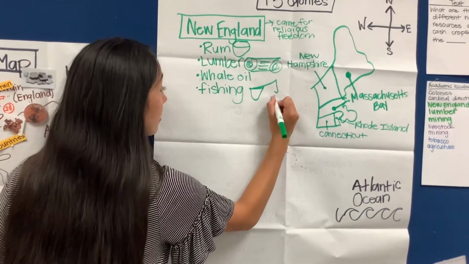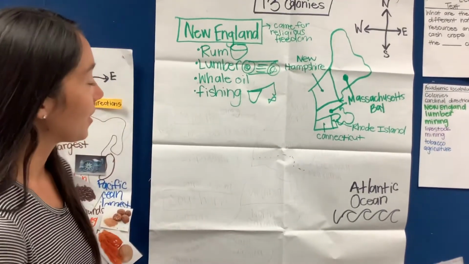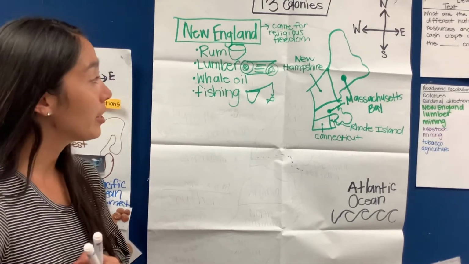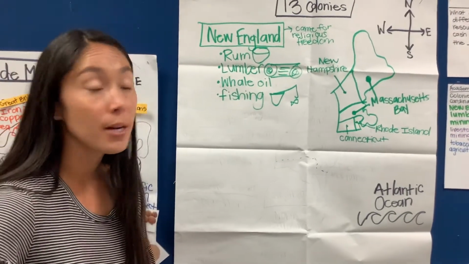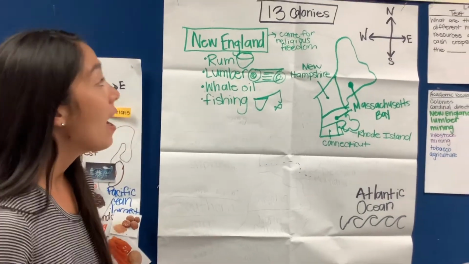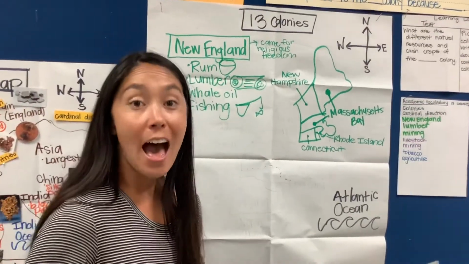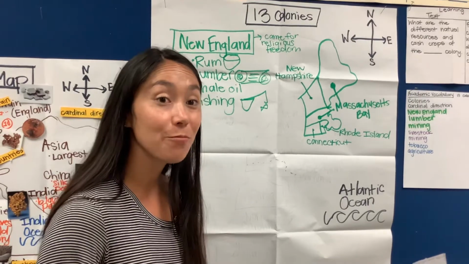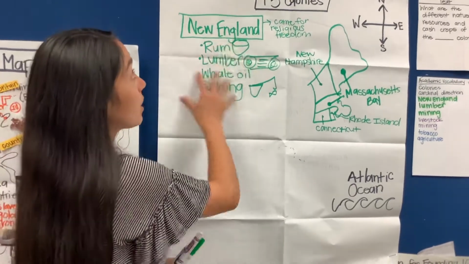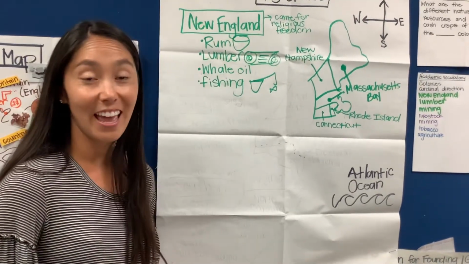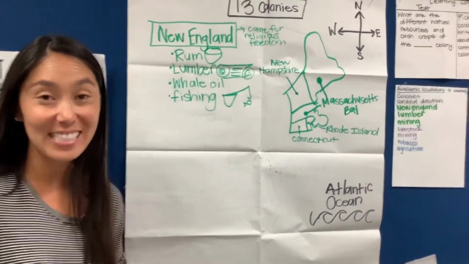Say fishing. What I want you to do is turn and talk to your neighbor about how the location of the New England colonies might influence the resources that they had and grew. Heads together.